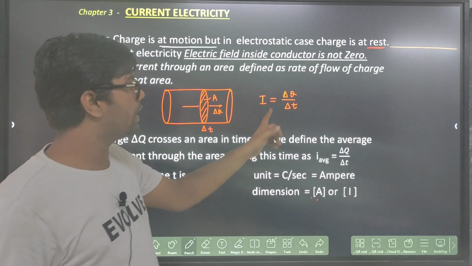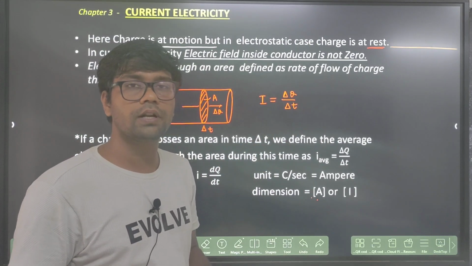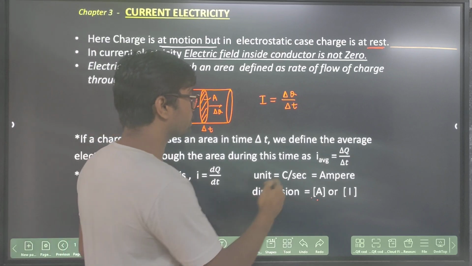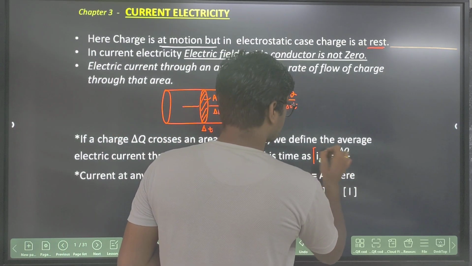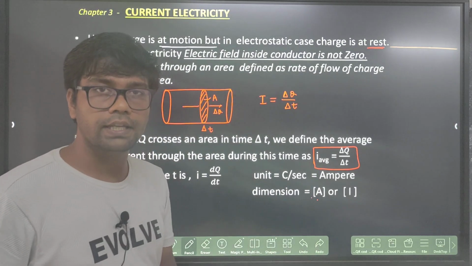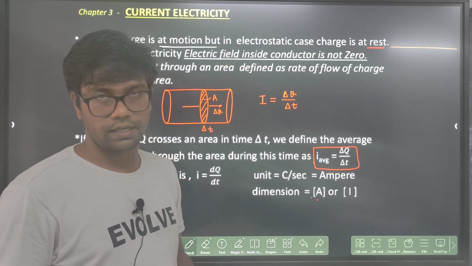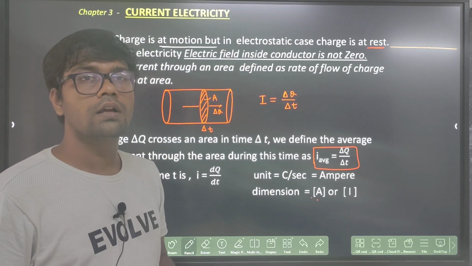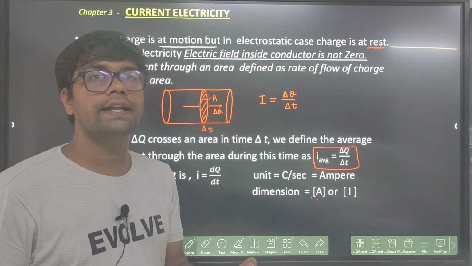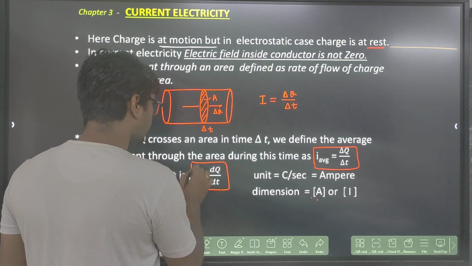Then you define the current crossing through this surface area as I equal to delta Q by delta T. If the time interval is very big, then you will say that this is the average current flowing. If the time interval is very small, then you will say that the instantaneous current is flowing, or the current at any instant, that is I equal to dq by dt.